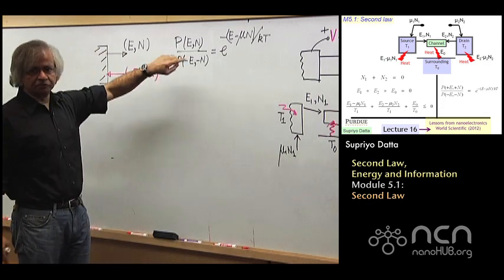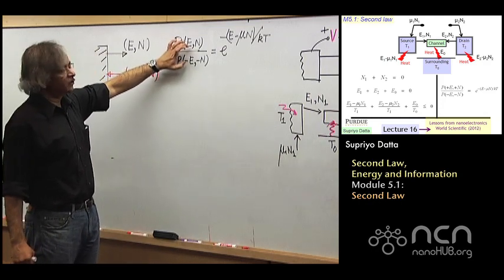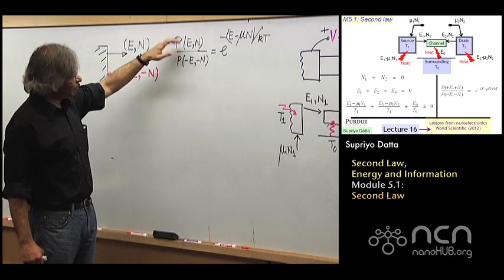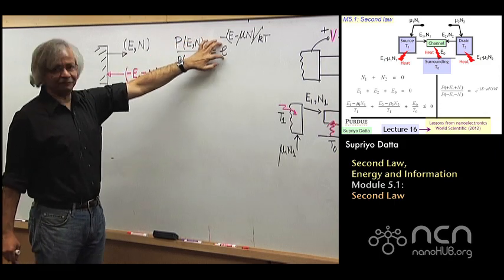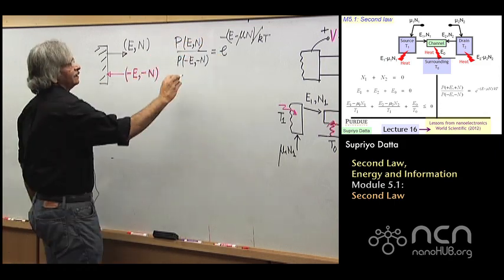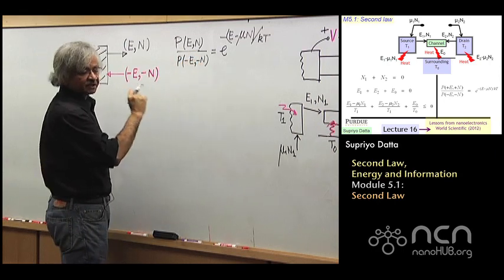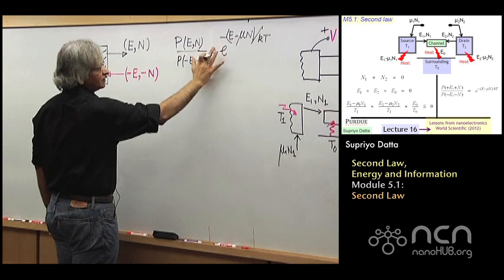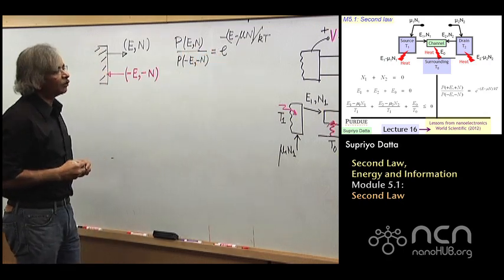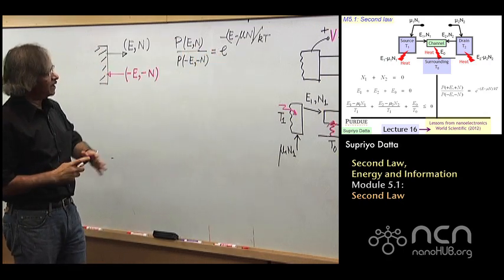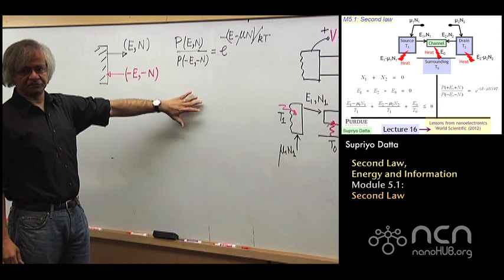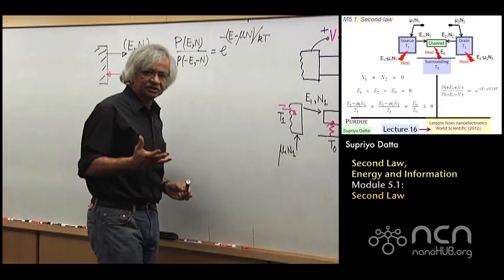So next module we'll talk about where that comes from, why the ratio is always like this. But the main point I want to make is that if this relation is satisfied, then it would also make sure that the second law would be satisfied. How do we know that? Well, it goes something like this.